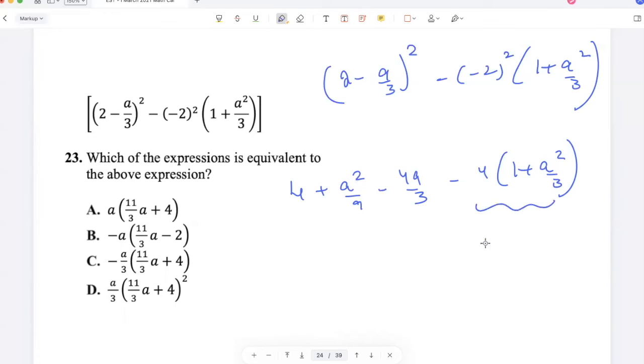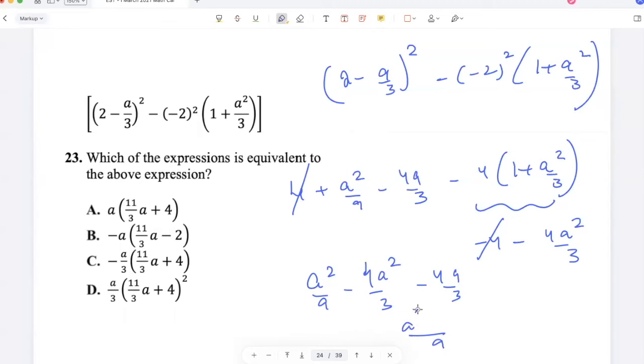So this becomes minus 4a squared by 3, right? Okay. So then I get plus 4 and minus 4 cancels. So a squared by 9 minus 4a squared by 3 minus 4a by 3.